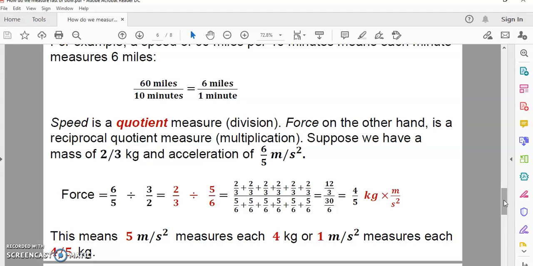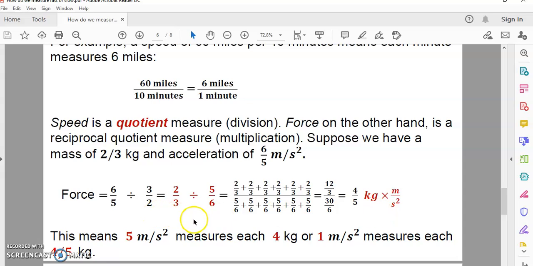So suppose we have a mass of 2/3 of a kilogram and an acceleration of 6/5 meters per second squared. Then the force is equal to 6/5 divided by 3/2, which is equal to 2/3 divided by 5/6. And using our definition of multiplication, which is defined in terms of division, we arrive at 4/5 kilograms times meters per second squared.